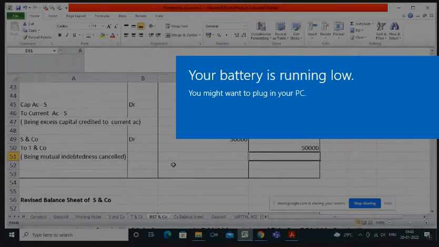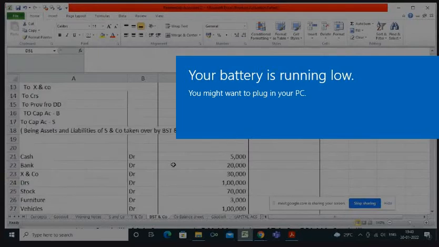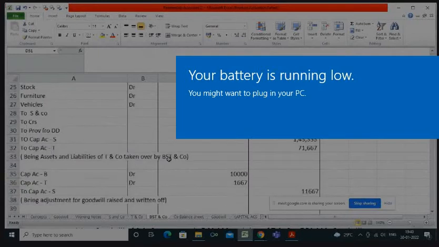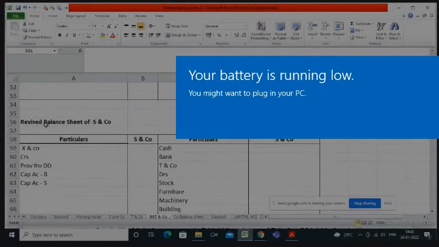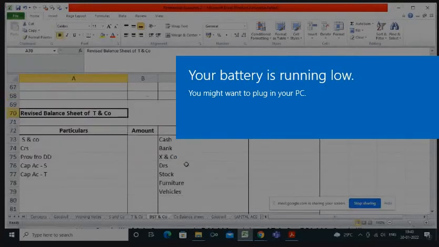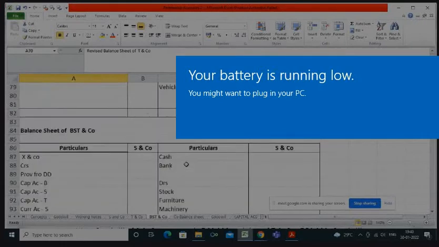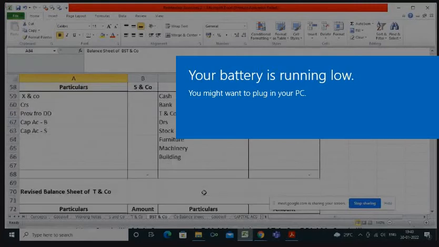Up to this point is all the question has asked us, but to improve our knowledge and understanding, I will try to work out the revised balance sheet of S and Co, then the revised balance sheet of T and Co, and then I will prepare the balance sheet of BST and Co. So how to do that?